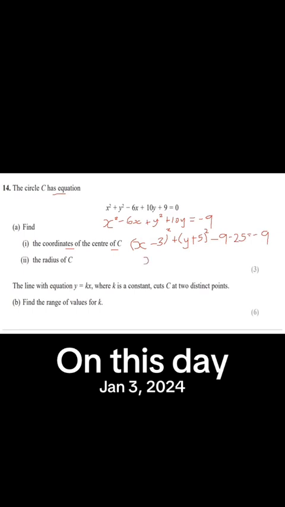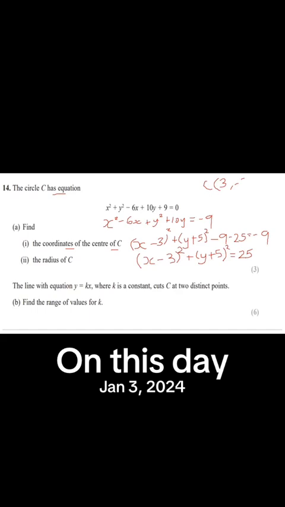You will get x minus 3 all squared plus y plus 5 all squared is equal to 25. If you add 9 to both sides, that goes to 0. Add 25 here, it goes to 25. So the coordinates of the center C are (3, minus 5).